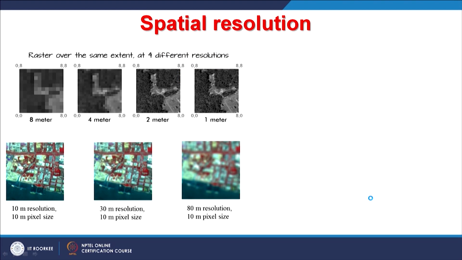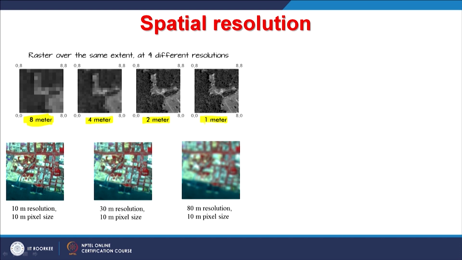Some examples are here, like 1 meter resolution image, 2 meter, 4 meter and 8 meter. As you can realize, these have been generated for demonstration, so the image quality has been deteriorated, so that we can realize that if a sensor is acquiring an image of the same area at 8 meter resolution, this is how it will look.